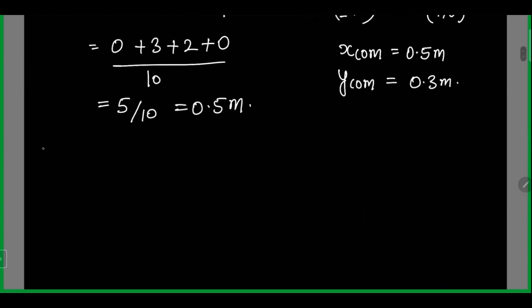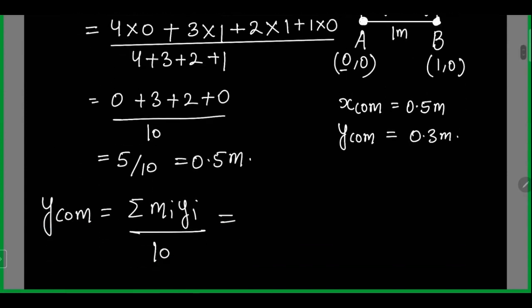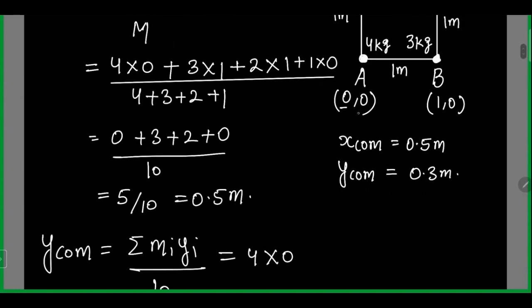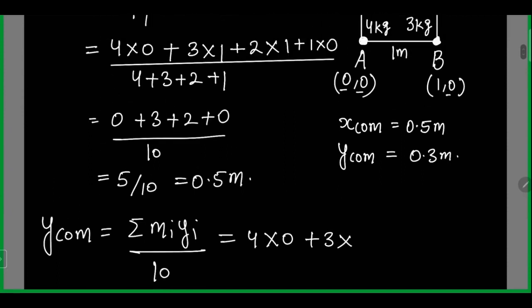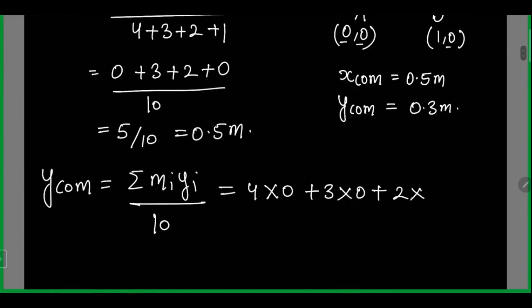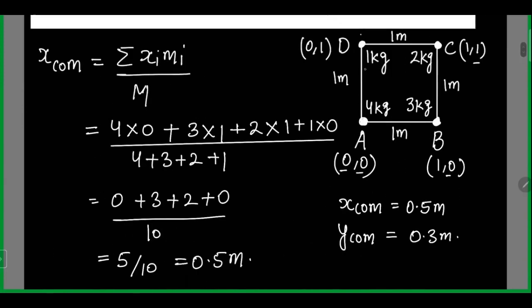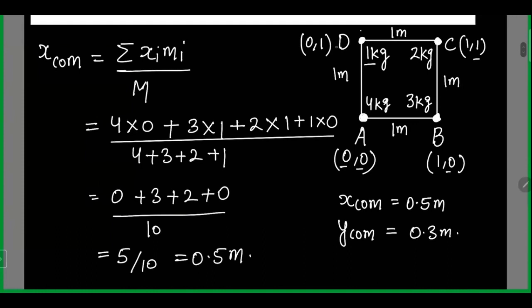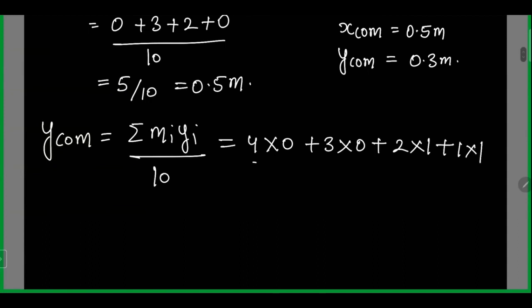Now let's similarly find y COM. y COM will be the summation of mi yi divided by the total mass, which we have already found is 10. So first mass, 4, times its y coordinate, 0, plus 3 times the y coordinate of the second, which is again 0, plus 2 kg times its y coordinate, which is 1, so 2 times 1, plus the last mass, 1 kg, times its y coordinate, which is also 1, so 1 times 1, divided by the total mass, 10.